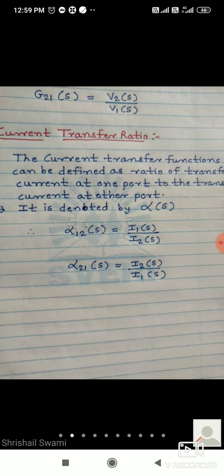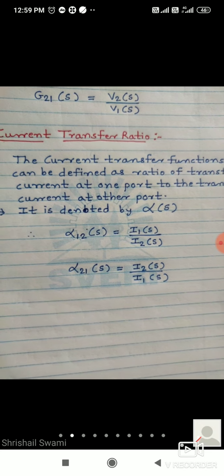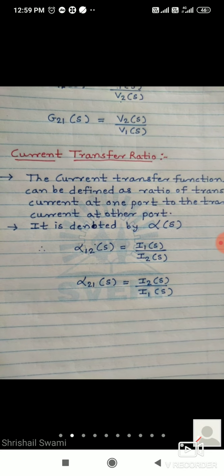Current transfer ratio, denoted by alpha of S. Understood? Up to now, any doubt?